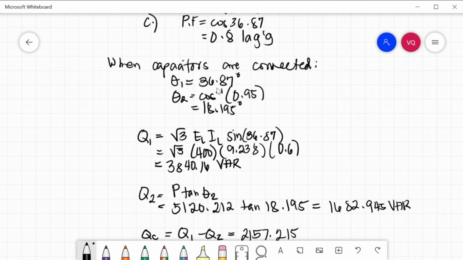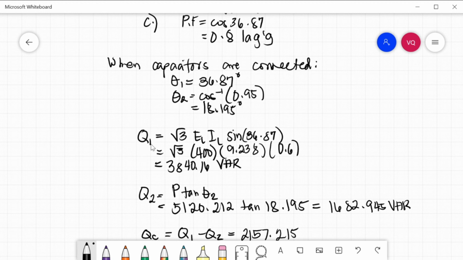When capacitors are connected, theta 1 is the arc cosine of 0.8, that is 36.87 degrees. And theta 2 is the arc cosine of 0.95, that is 18.195 degrees.